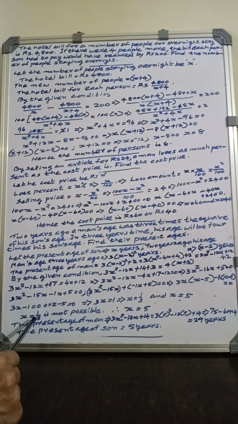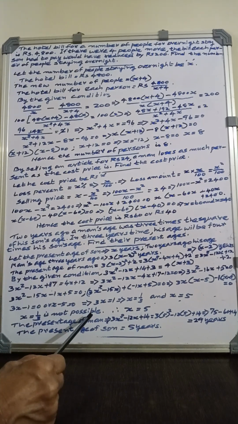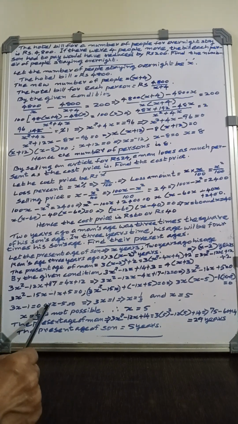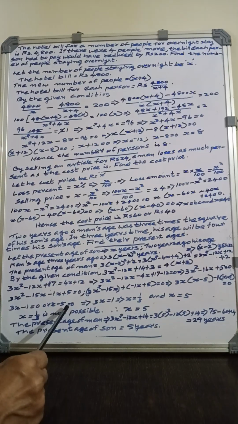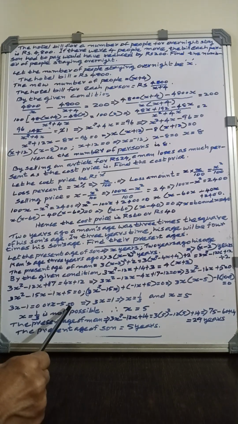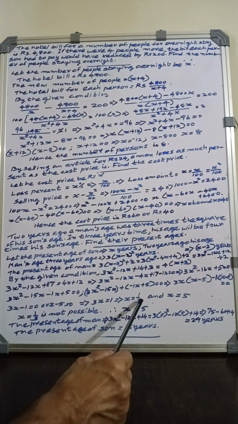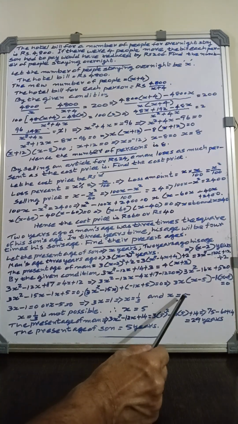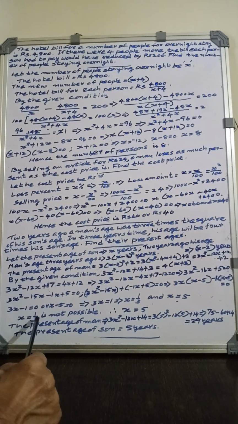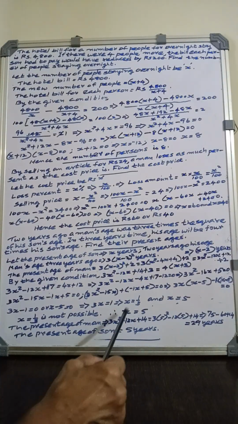x equals 1 by 3, which is not possible. Or x minus 5 equals 0. 3x equals 1, x equals 1 by 3, and x equals 5. x equals 1 by 3 is not possible. Here x equals 5.